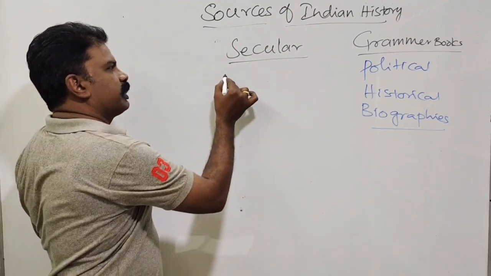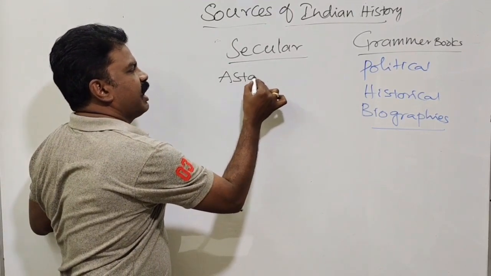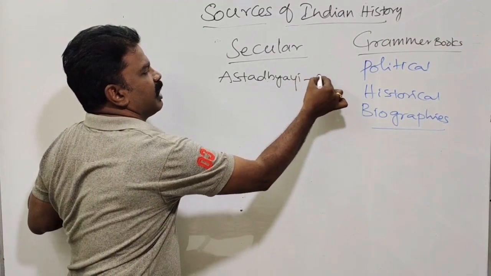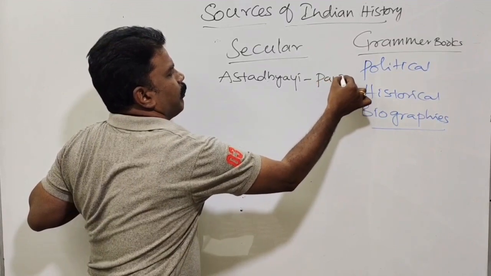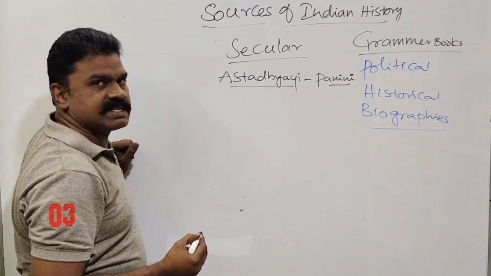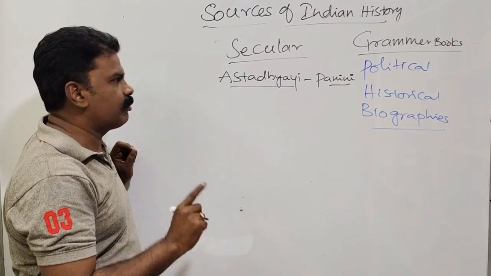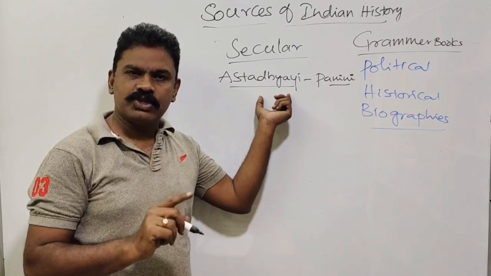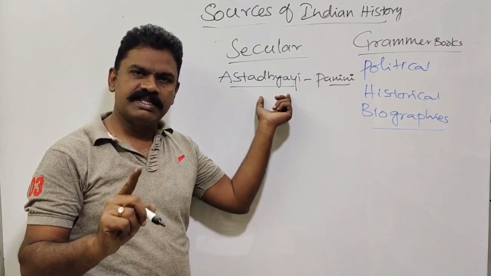First among the secular books, we can come to Ashtadhyayi. Ashtadhyayi was written by Panini. This book speaks about Sanskrit grammar. It is the first Sanskrit grammar book in Indian history. Ashtadhyayi means 8 chapters; Adhyaya means chapter.